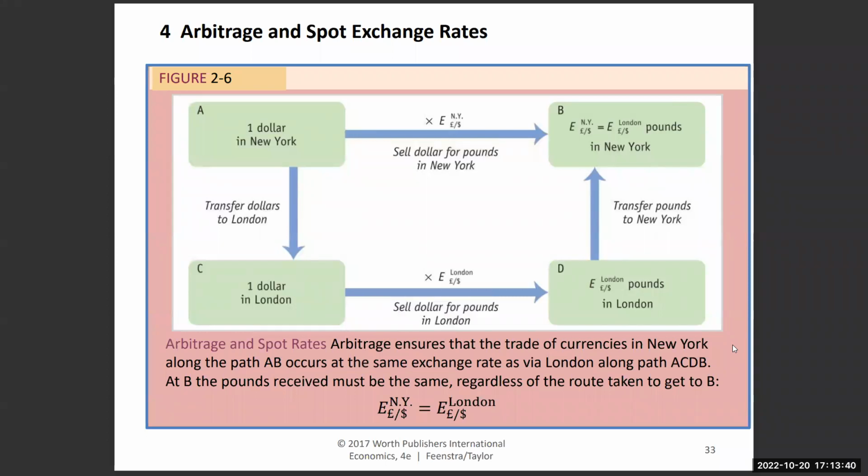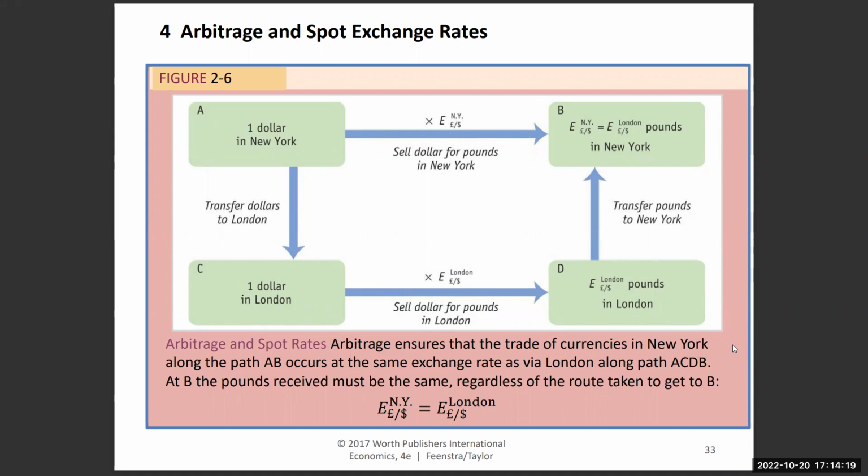In this case, let us imagine that we have the New York and London exchange rates, and we want to have exactly the same amount on each market, okay? Otherwise speculation is possible. So we have $1 in New York. Let us imagine that our $1 is sold for £1 in New York, with the New York exchange rate, and this is how many pounds we are getting.